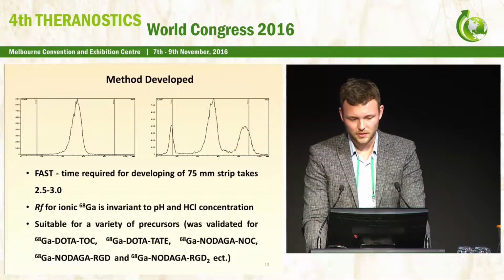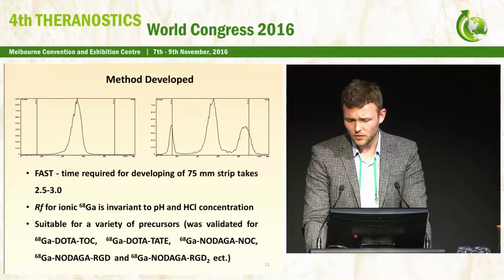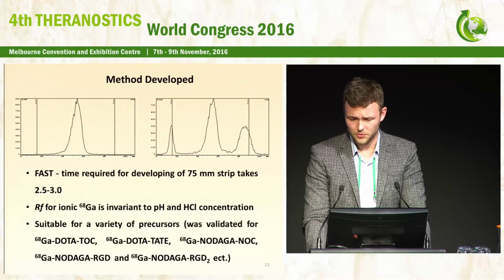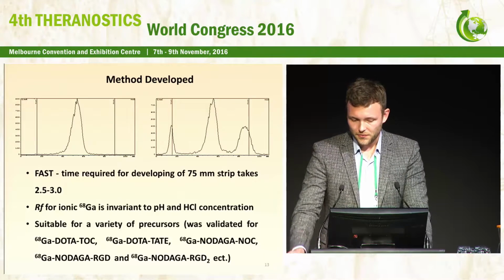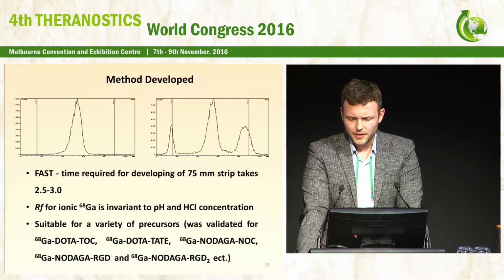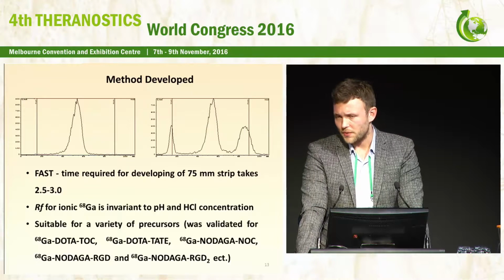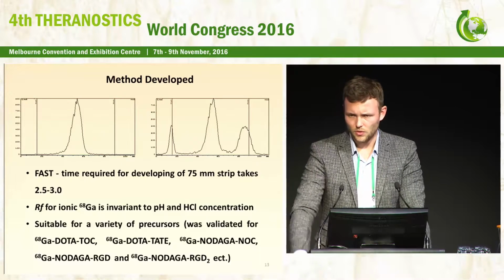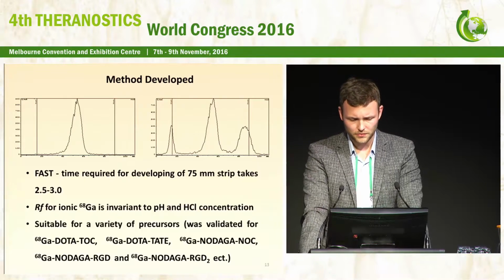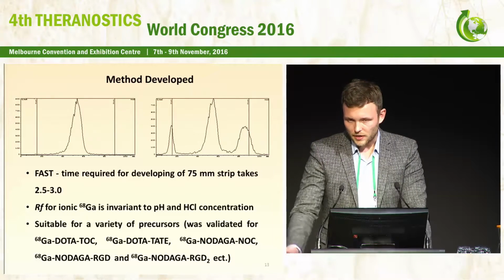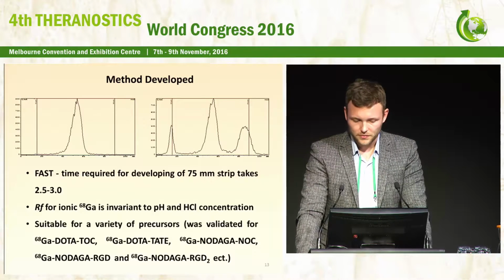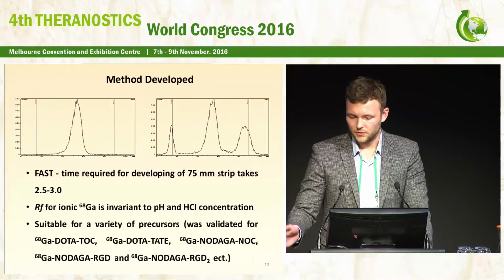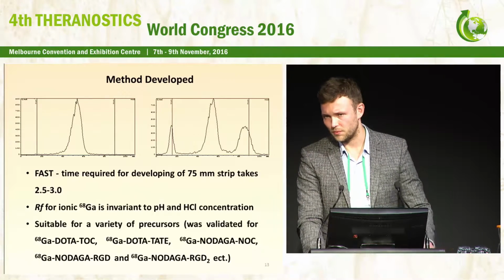And of course, this system is fast: for a 75 millimeter strip, it takes 2-3 minutes. The retardation factor for gallium is invariant to the pH or HCl concentration; it always moves with the solvent front. And this system has now been tested for different compounds. In our department, it was validated for gallium DOTATATE, NODAGA-NOC, and NODAGA-RGD, monomer and dimer.